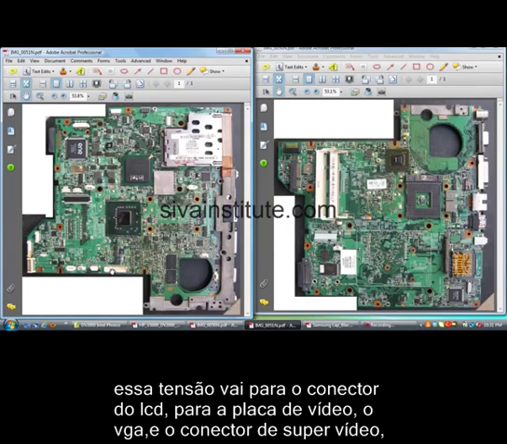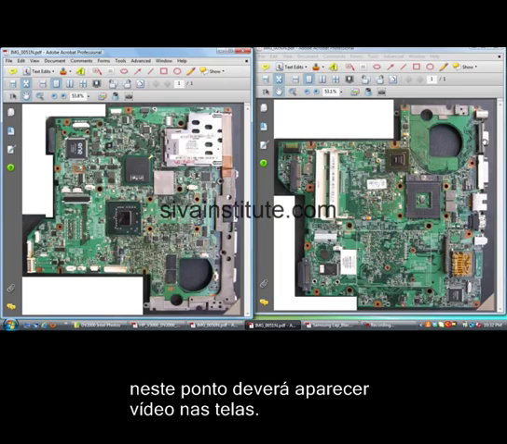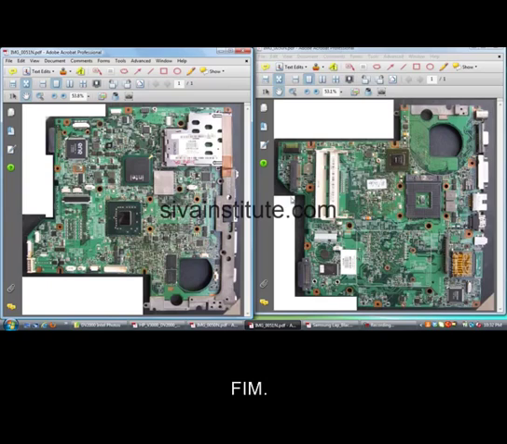This voltage goes to the LCD connector and graphic control connector. This voltage goes to the VGA connector and S video connector. Then display will come. When this signal goes to the LCD panel, VGA connector and S video, display will come.